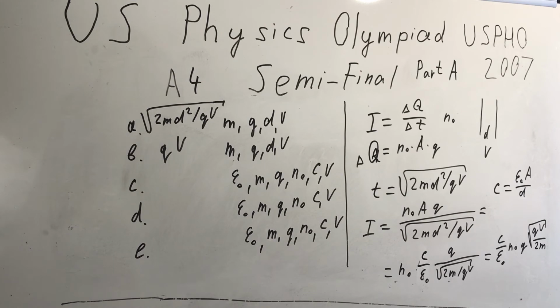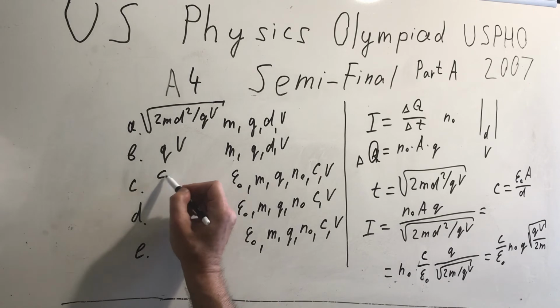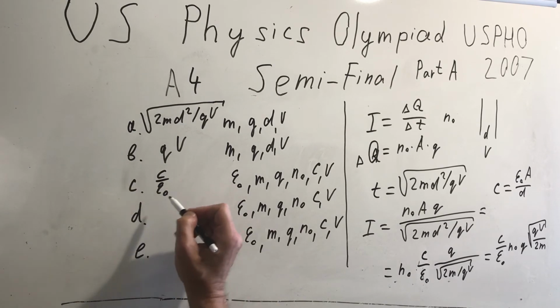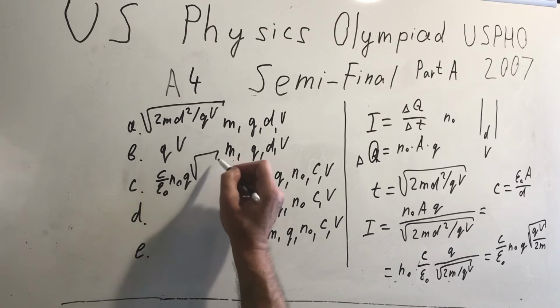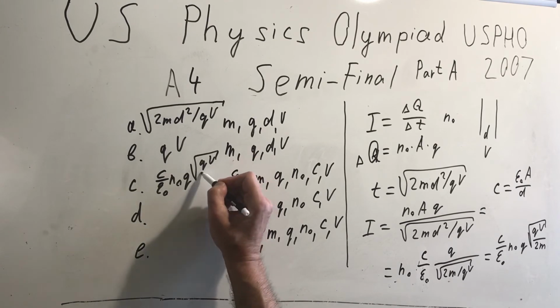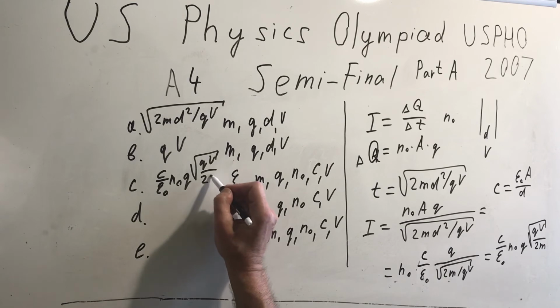So that's the expression for current. We can rewrite it here: C over epsilon 0 n0 q root qV over 2m.